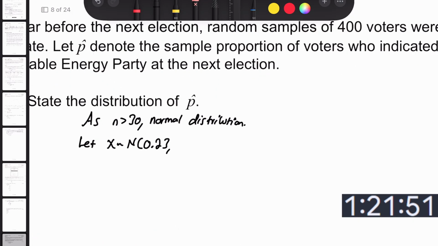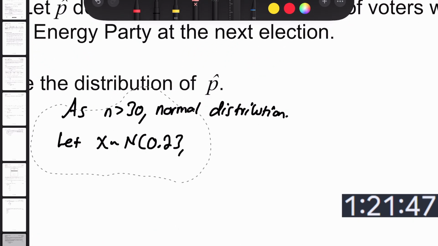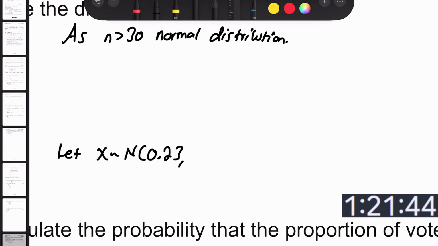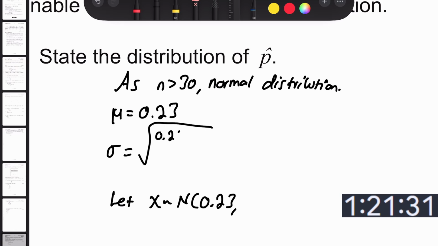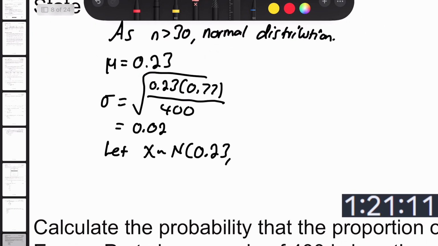So then the standard deviation, or sigma, is the square root of 0.23 times 0.77, all over 400. That is 0.0210.